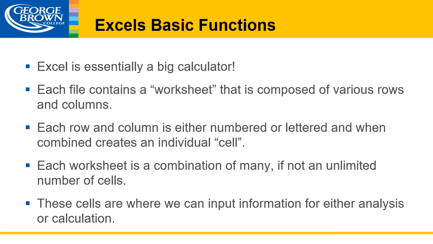So if I were to say cell 1A, that would be the very first cell in the top left-hand side of a worksheet. Now, it's the combination of all of these cells that come together to create a worksheet or a workbook. Okay, and these cells are where we put information for either analysis or different calculations.